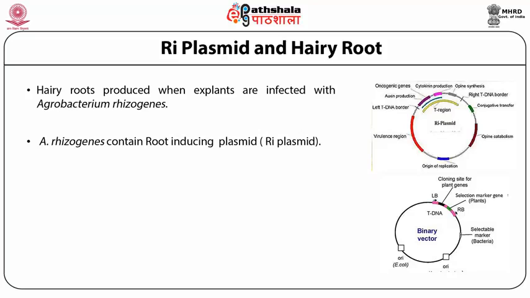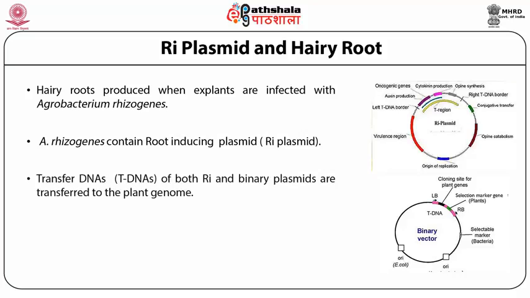The Vir gene products supplied by the Ri plasmid are able to excise tDNA both from the Ri plasmid as well as from the binary vector tDNA, which has its gene of interest. Both the tDNAs are transferred to the plant cell with a mechanism as I mentioned earlier, and both tDNAs get integrated into the plant genome.